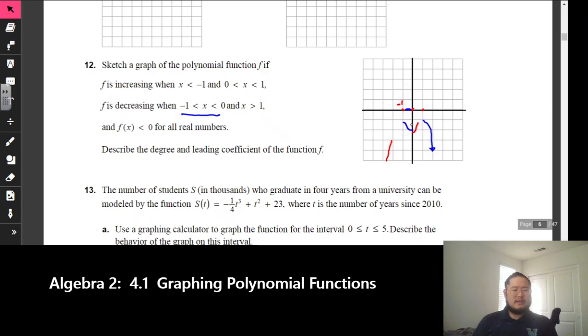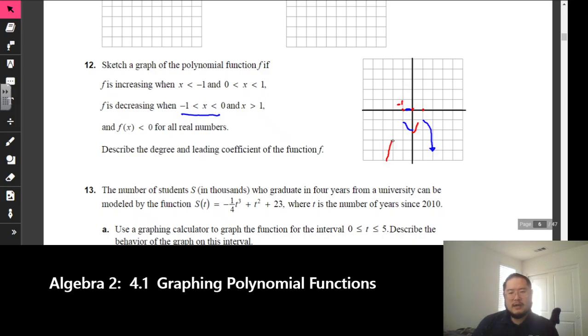So that is telling me that the function is less than 0 for all real numbers, so it cannot go past the x-axis. Because remember, f of x represents y.